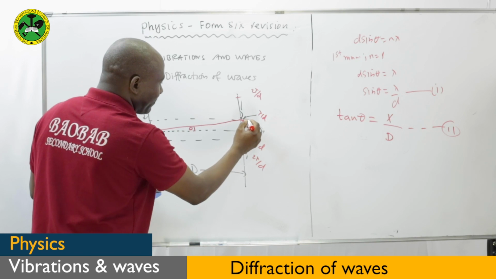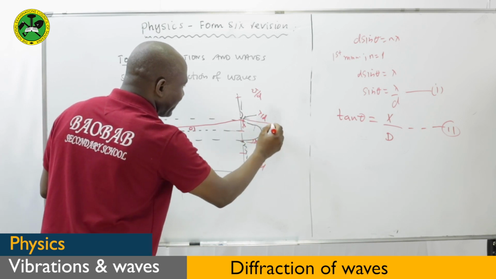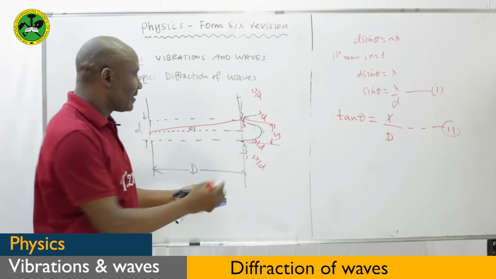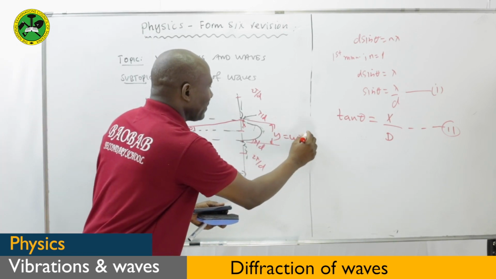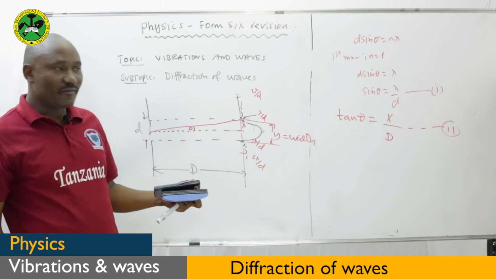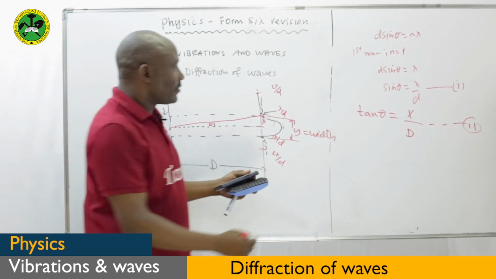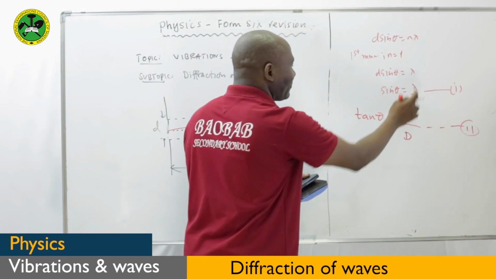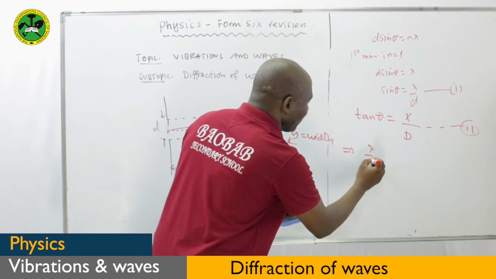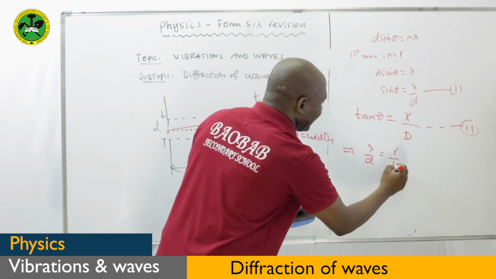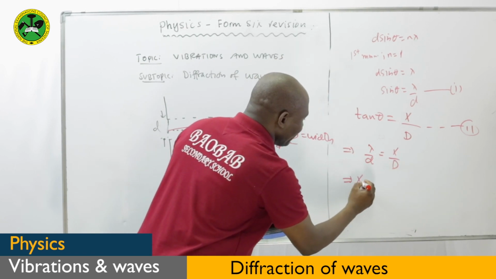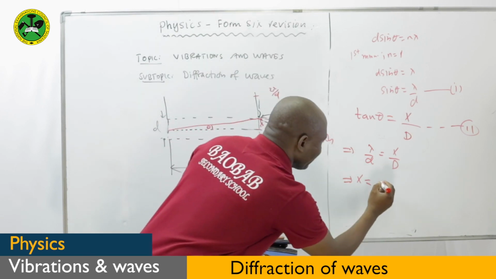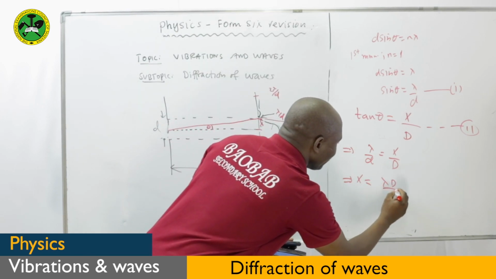The whole distance here is given the name y, which is the width of the central image. Since these angles are small, tan of the angle is approximately the sine itself. So you have lambda over d equals x over D. From there, the position of the first minima from the center is given by lambda D over small d.